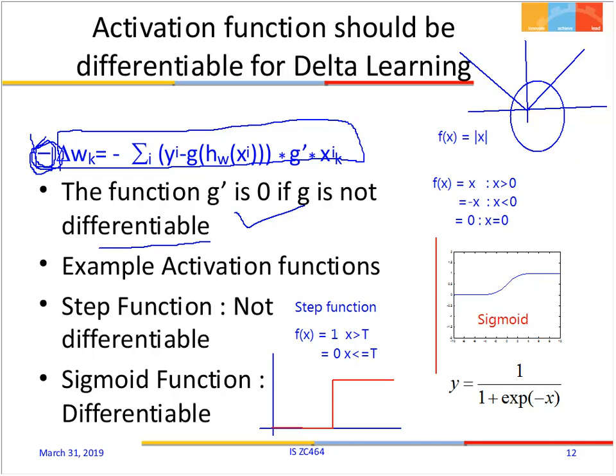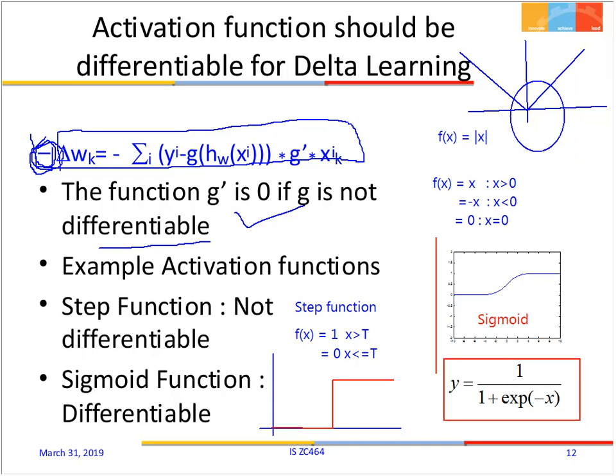So this function has a form of y equals 1 divided by 1 plus e to the power minus x. So this function is differentiable. You can always find dy by dx using simple differentiation techniques.